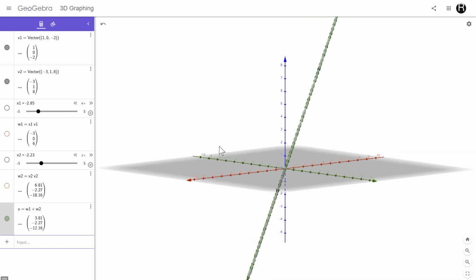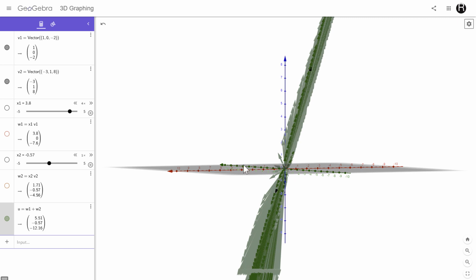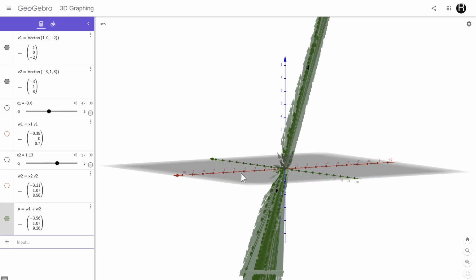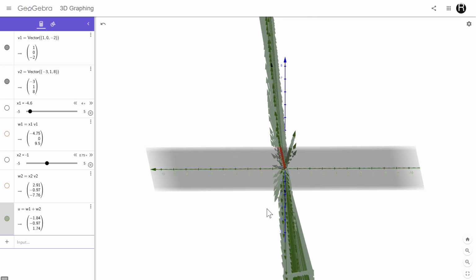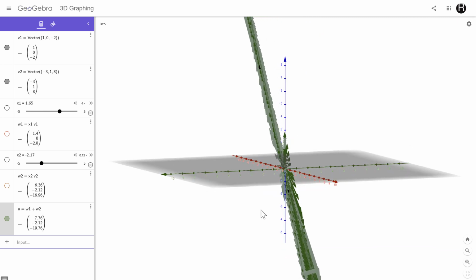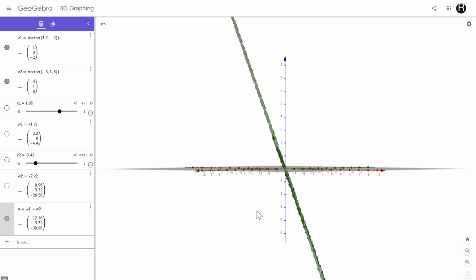So if you're looking at this from a certain angle, it looks a little messy, but if we look at it at just the right angle, it looks like it's staying within a line.